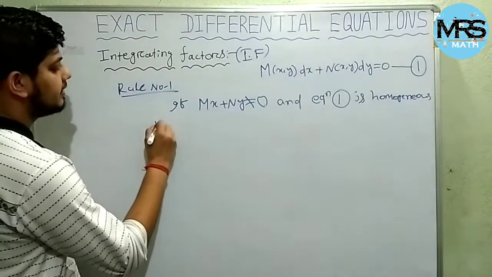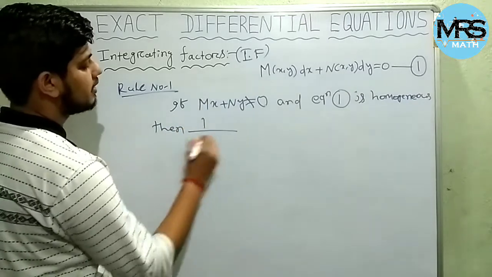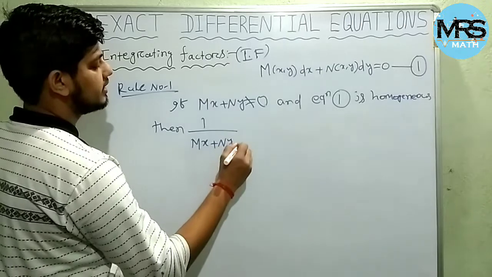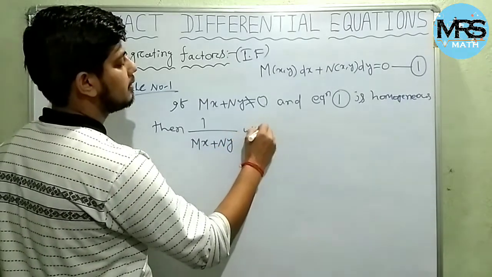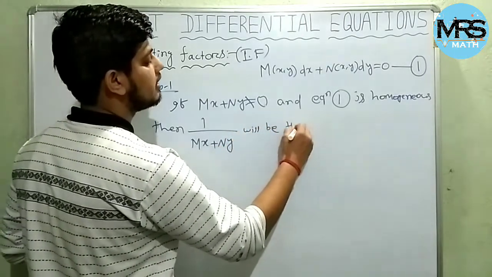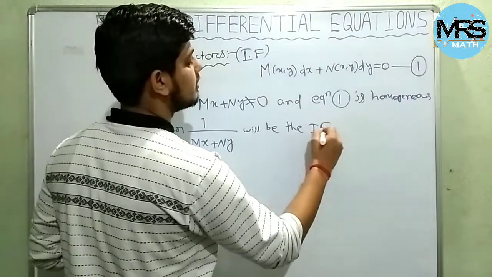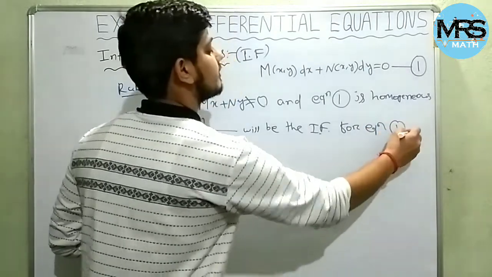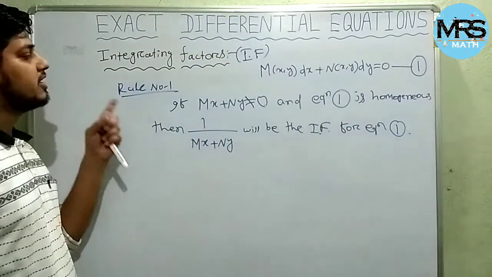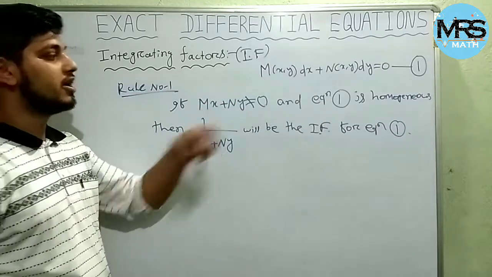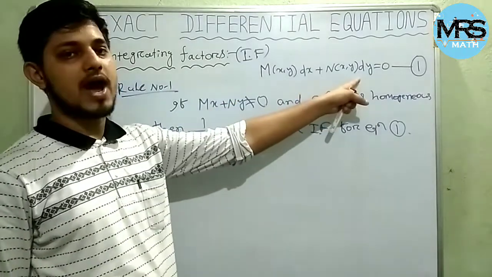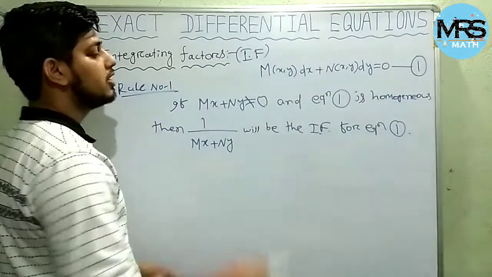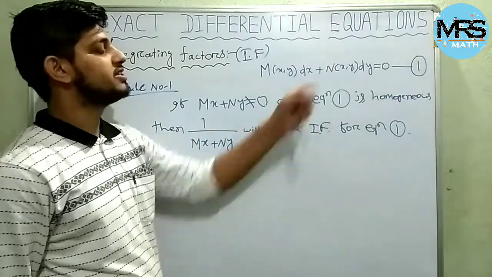If Mx plus Ny is not equal to 0, and equation 1 is homogeneous, then 1 over (Mx plus Ny) will be the integrating factor for equation 1. This is the first rule.